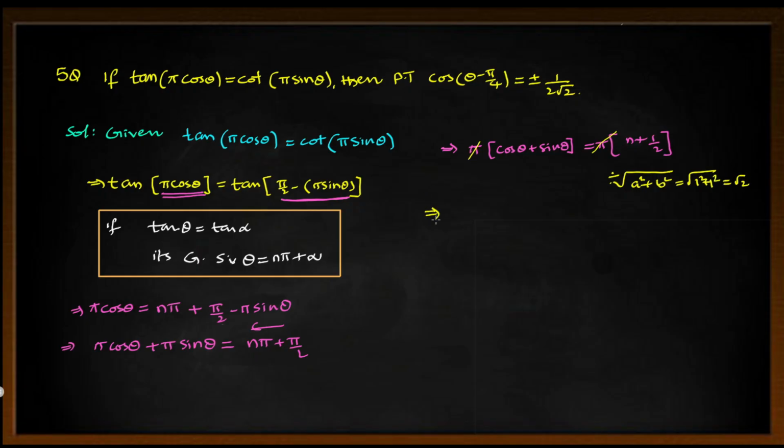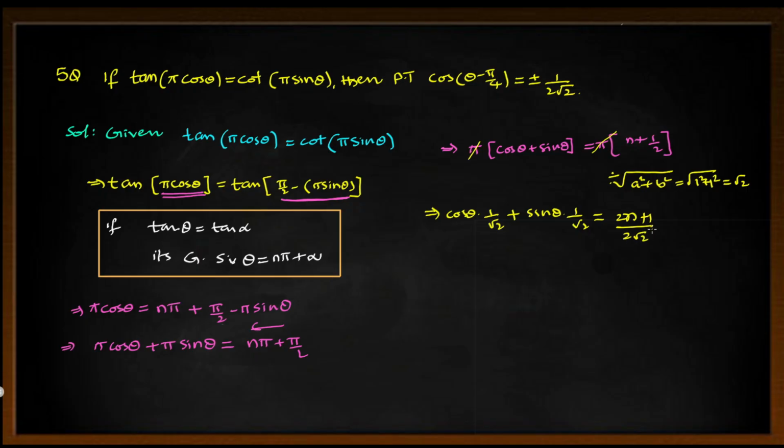If you divide the whole equation by root 2, cos θ times 1 by root 2 plus sin θ times 1 by root 2 equals, if you take LCM, (2n plus 1) by 2, and we are dividing by root 2.